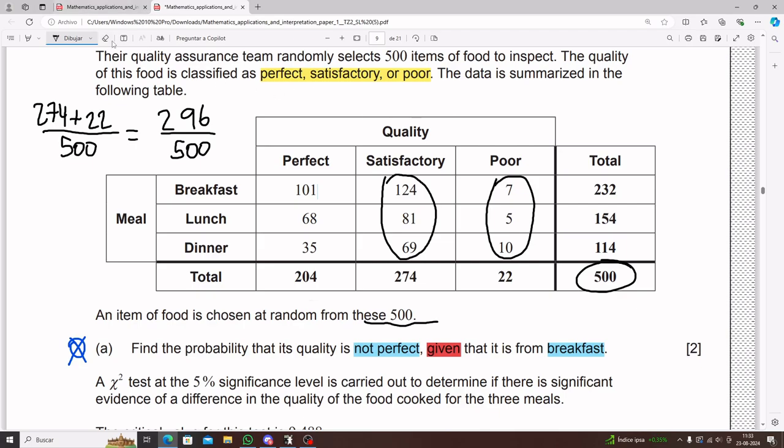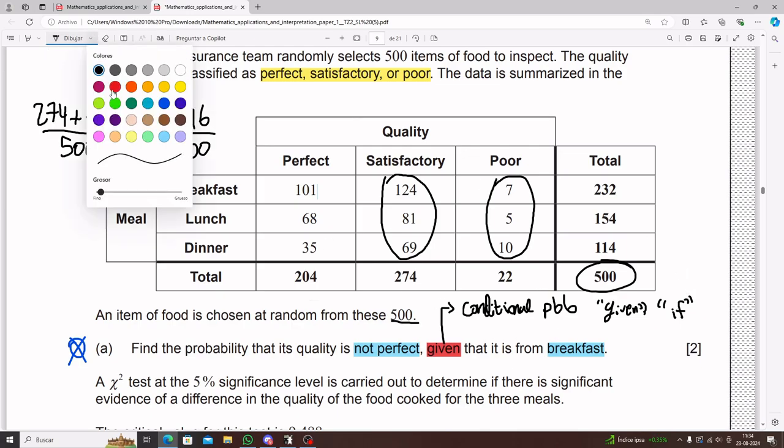I need you to understand that the word given has to do with conditional probability. The main word that gets thrown at you is either given, or if you hear something like if. Now what's happening here?